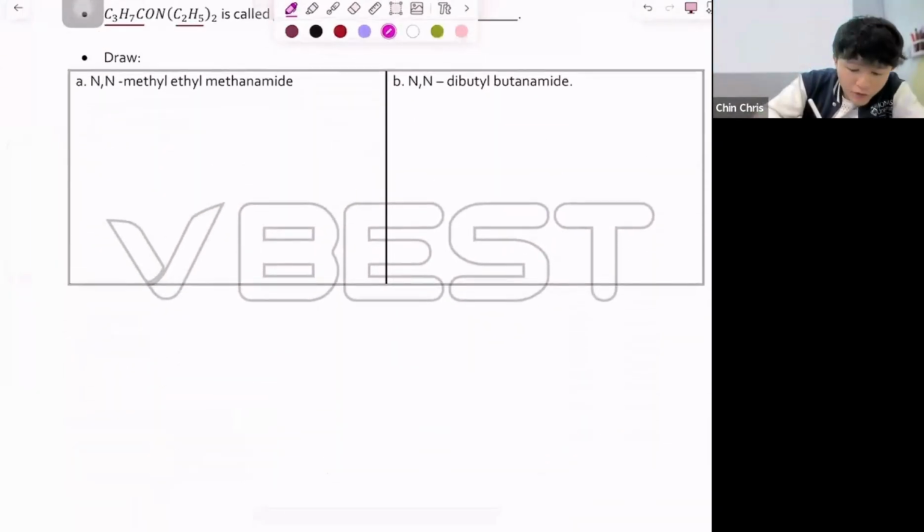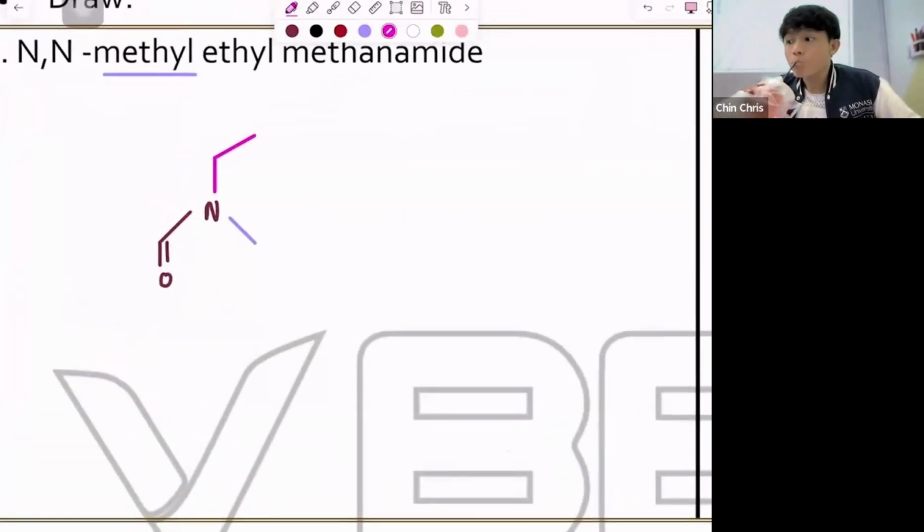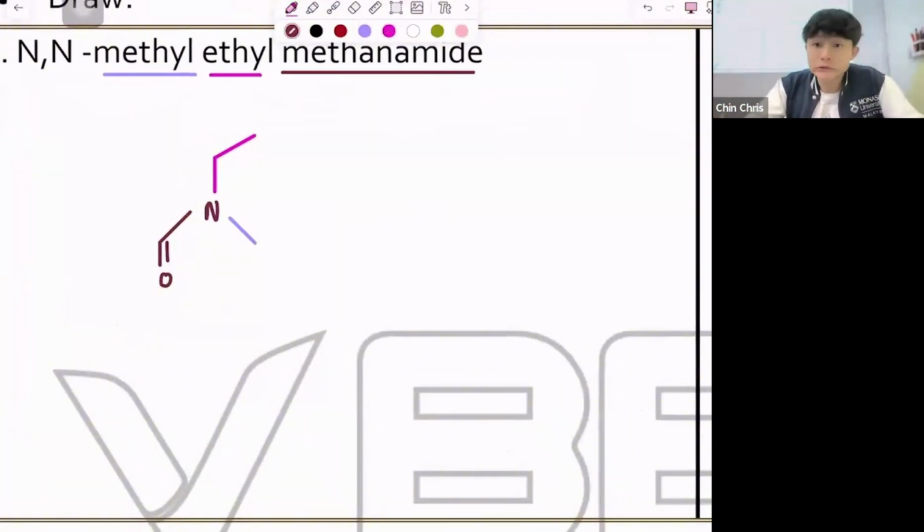So, guys, let's draw a methylamide first. C double bond O. All right, guys, I can draw a methyl first. I can also draw ethyl. Done. Understand?